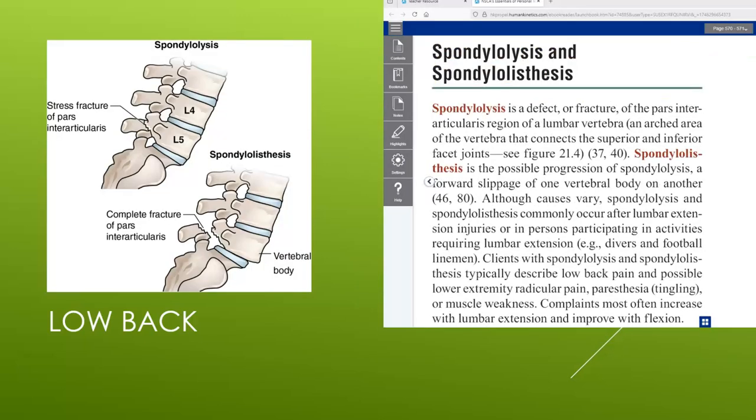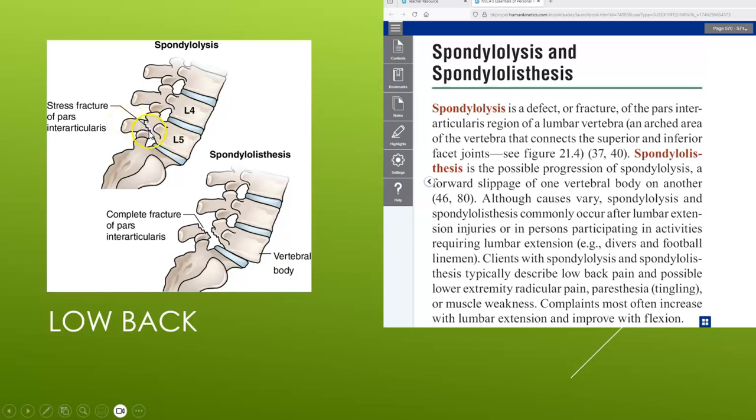Spondylosis and spondylolisthesis sound pretty close and similar, but one is an extension of the other. Spondylosis is a stress fracture. Remember I mentioned those spiny little processes on the back of each lumbar vertebra?